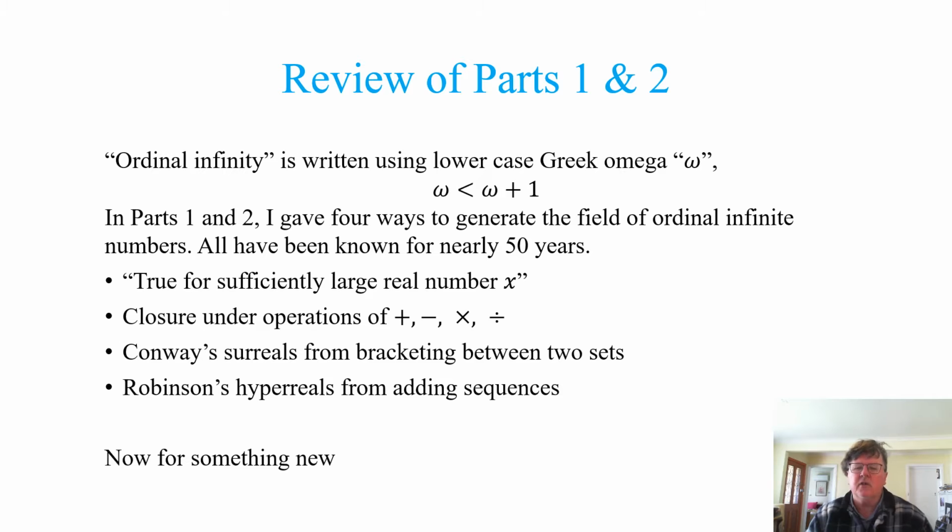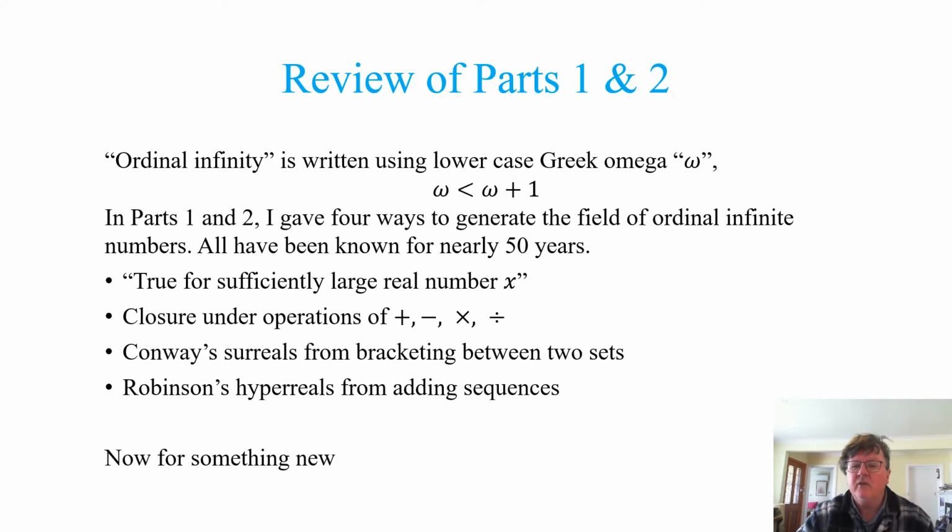This is called a Dedekind cut, after an earlier mathematician called Dedekind. And the fourth method that I introduced in parts 1 and 2 was Robinson's hyperreal numbers, which you get from adding sequences of ordered numbers together.